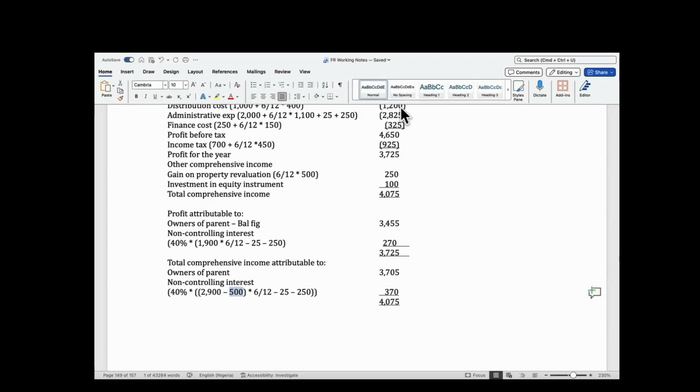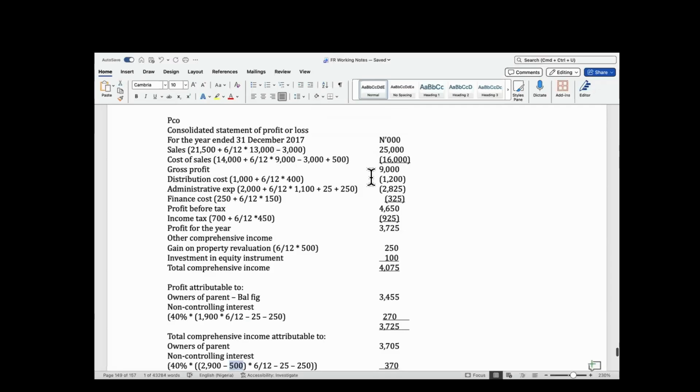Yes, sir. Please, I have two questions. Number one question is this admin expense. Please, where did we get this 250? That's number one question. Then, if this 250,000, are we not supposed to, just like we did on the first question we solved, are we not supposed to remove unrealized profit from the NCI of the subsidiary?